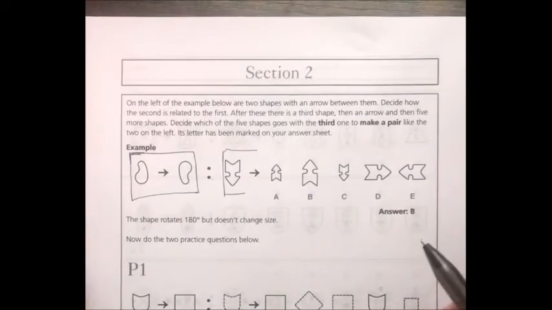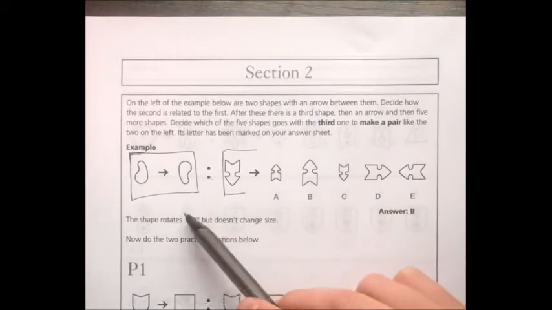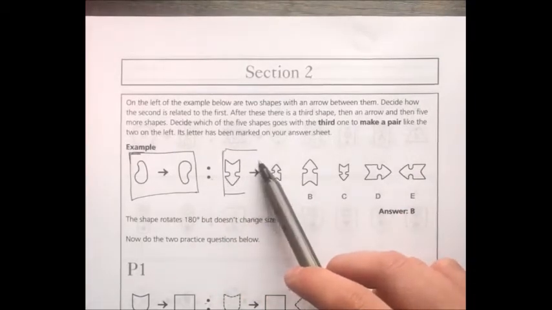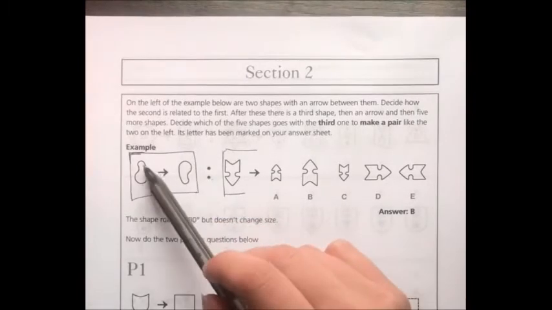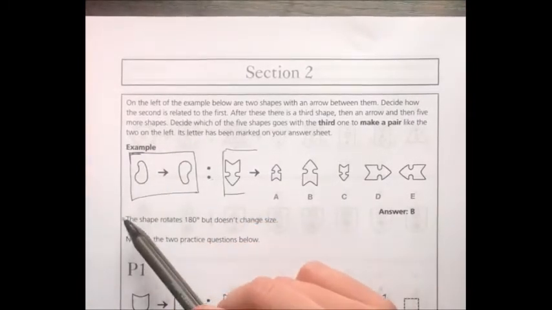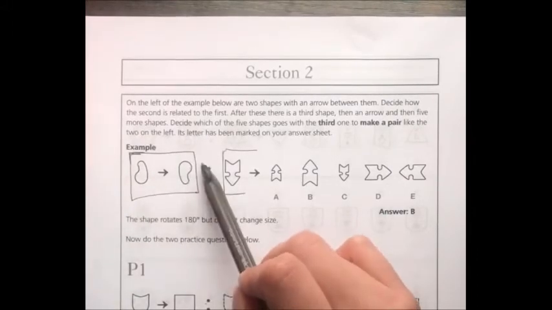Okay, so moving on. So example 1, so we can see here that this blob sort of shape rotates 180 degrees between the first and the second.